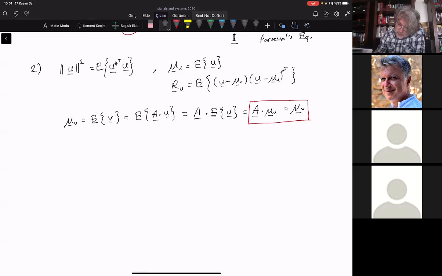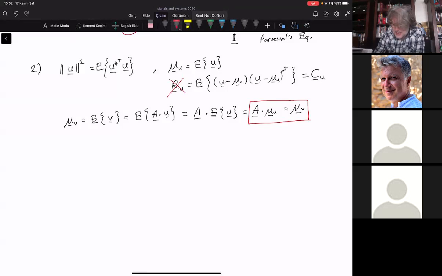Now we have to proceed to the autocorrelation. By the way, the autocorrelation that I am writing just on top of that is essentially not the autocorrelation, but the autocovariance. I was making a mistake at that point. The autocorrelation RU does not use subtraction of the mean. So this is essentially incorrect.